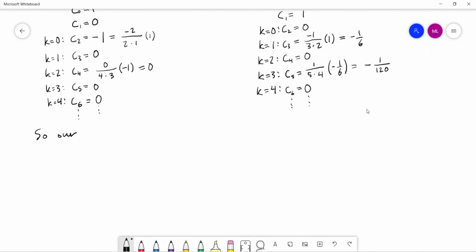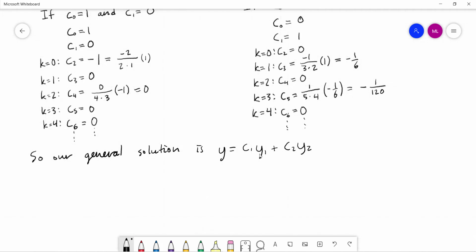So our overall general solution is going to be basically y equals c1 times y1 plus c2 times y2. Well, whatever. Let's leave them as C1 and C2.